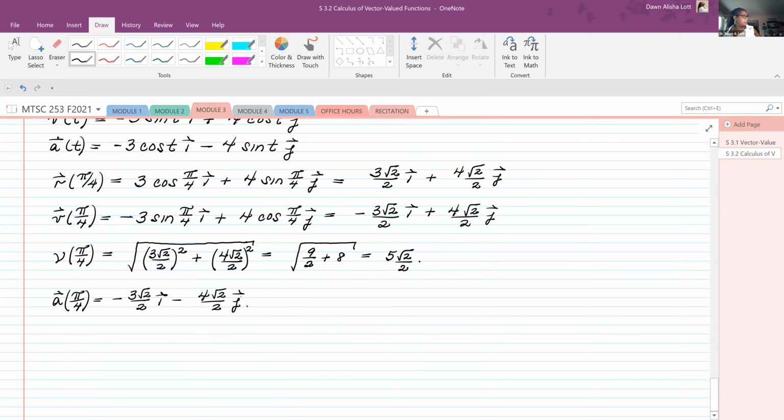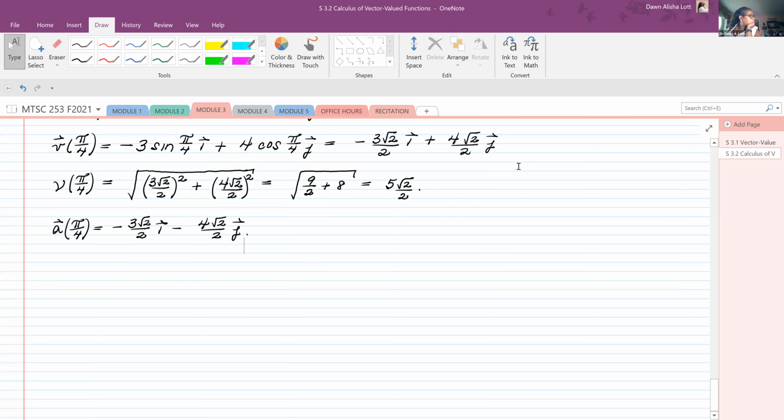Okay, now here's a question. When is the velocity perpendicular to the acceleration? And the answer is when v dot a is 0.